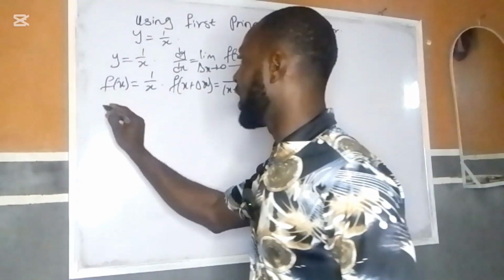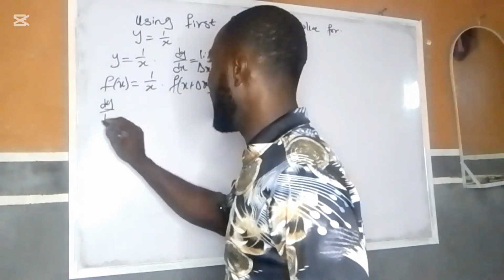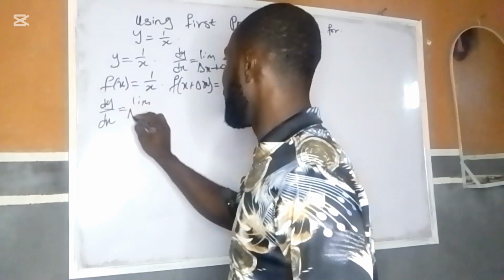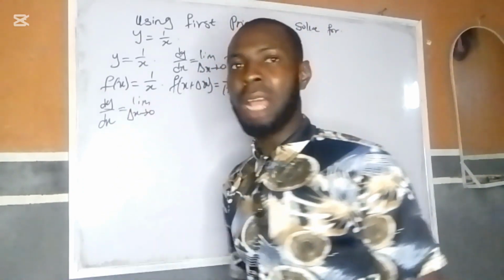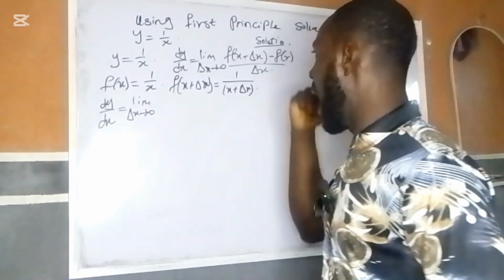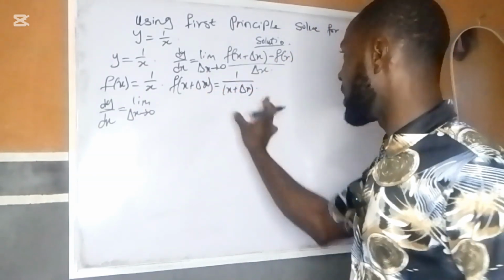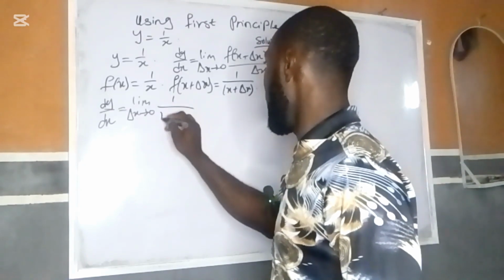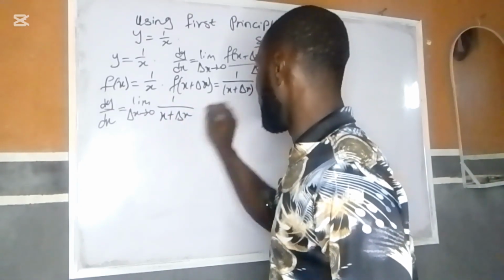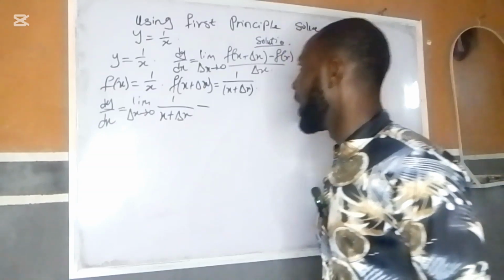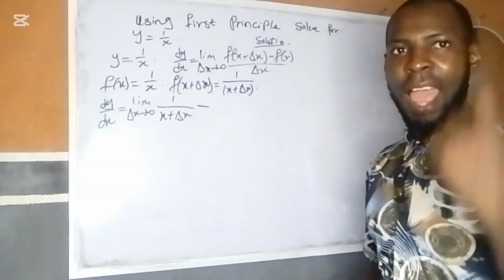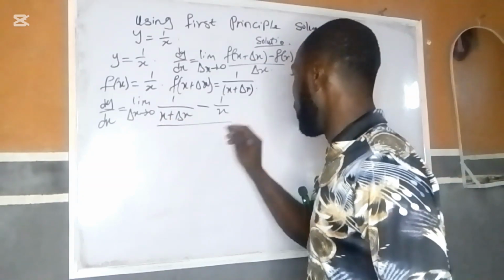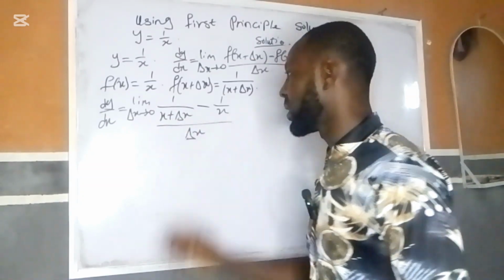So now we have our dy all over dx is equal to the limit as change in x approaches 0 of f of x plus change in x, which is this guy, 1 all over x plus change in x, minus the original guy, f of x, 1 all over x, everything all over change in x.